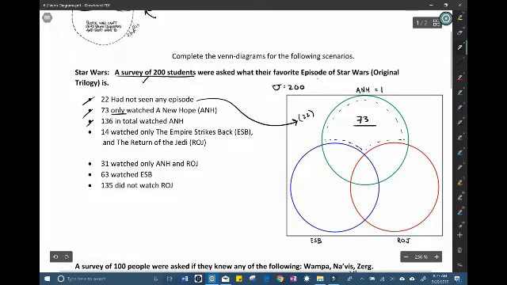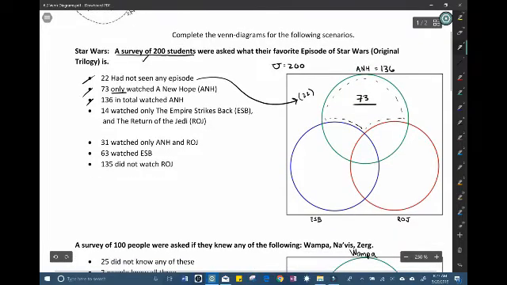That means the whole thing at the end better add to 136. 14 watched The Empire Strikes Back and The Return of the Jedi only, which is going to be this piece right here. So that's 14. So they did not watch A New Hope. 31 watched only A New Hope and Return of the Jedi. So 31 is going to go right there.